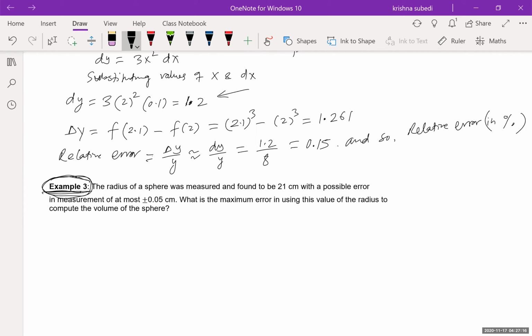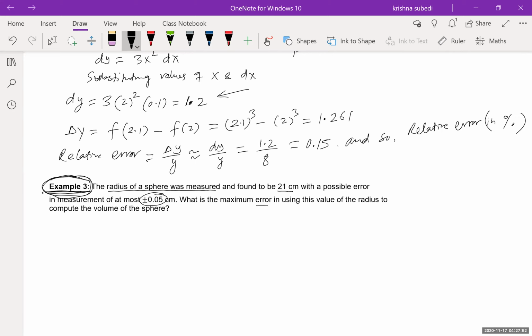Let's look at example 3. The radius of a sphere was measured and found to be 21 centimeters with a possible error in measurement of at most 0.05 centimeter, plus or minus.